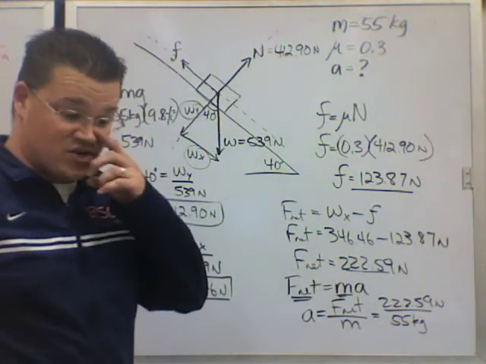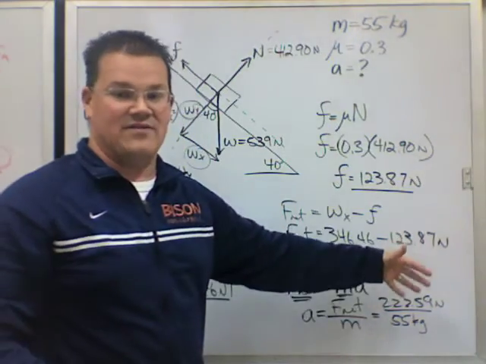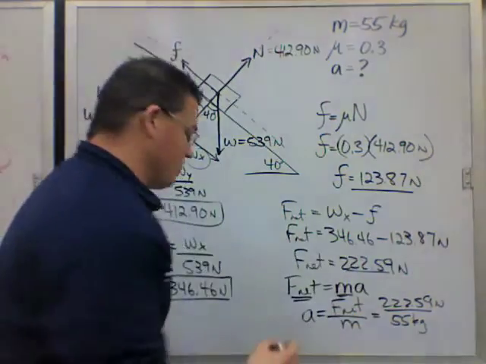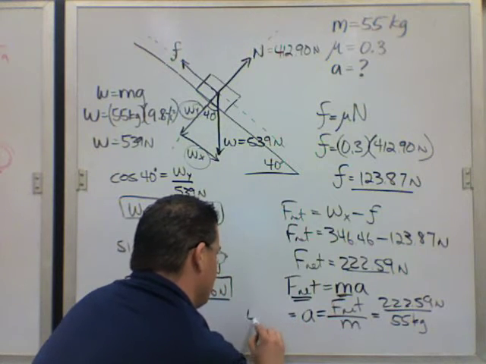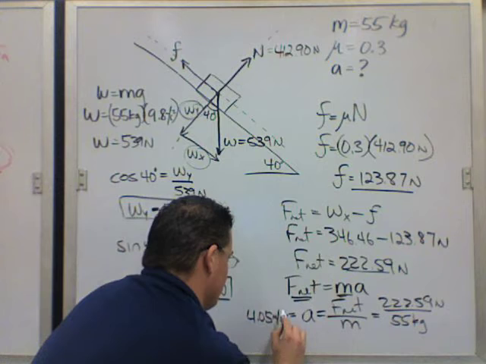Your acceleration, once you put this all into play and you've calculated 222.59 over 55, you will get 4.05 meters per second squared.